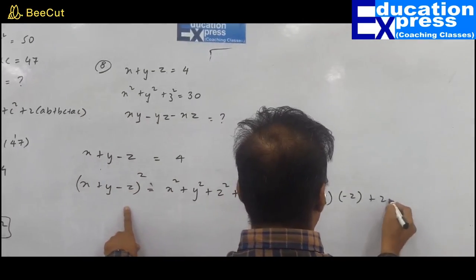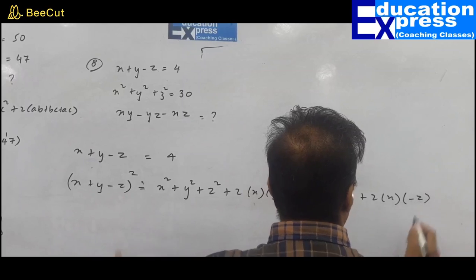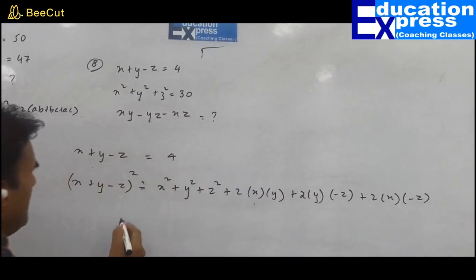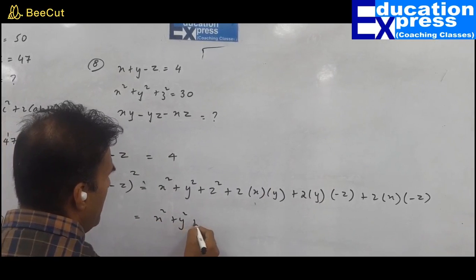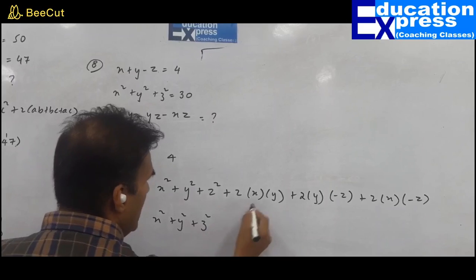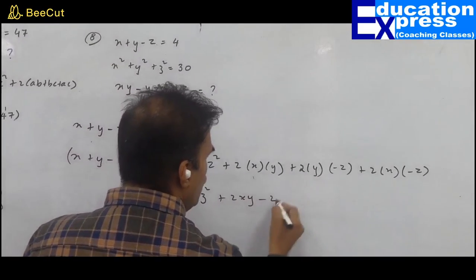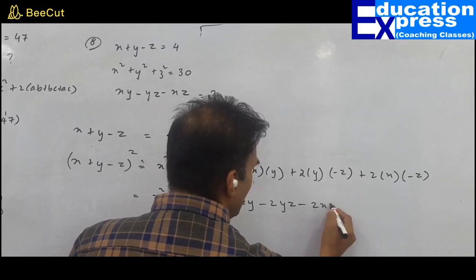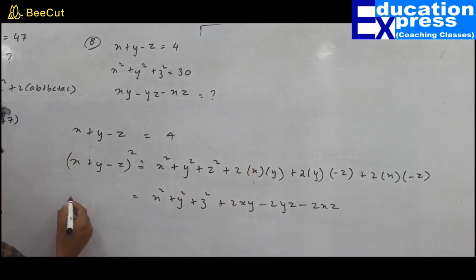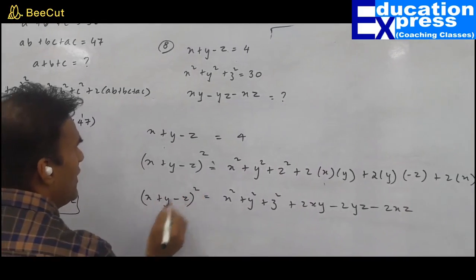After that, plus 2 into x into minus z. Let's expand. x square plus y square plus z square. This will give me plus 2xy. This will be minus 2yz. That will be minus 2xz. And this will be x plus y minus z the whole square.